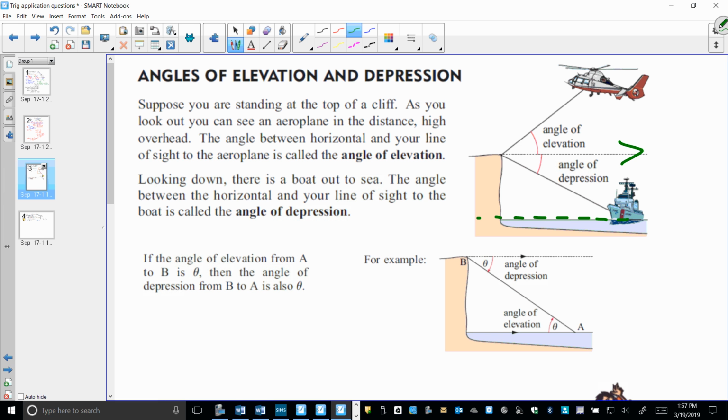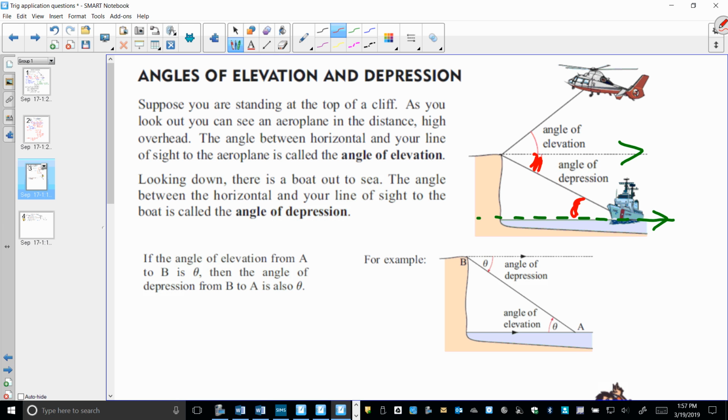We're also assuming that this leg here is horizontal. What I know is the connection between this angle and this angle. They're equal. They're alternate angles. So sometimes that's going to come into play when you're doing these kinds of questions.